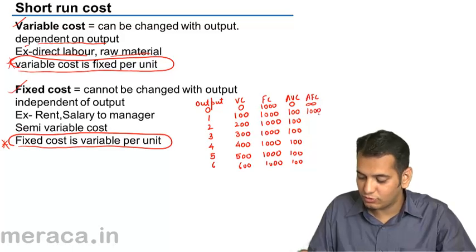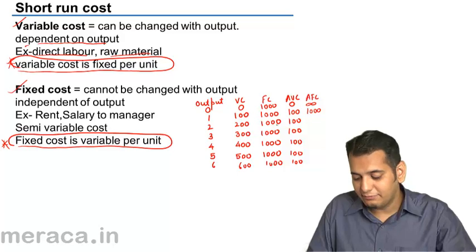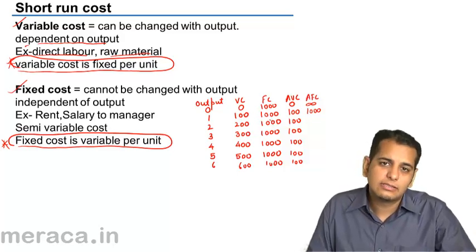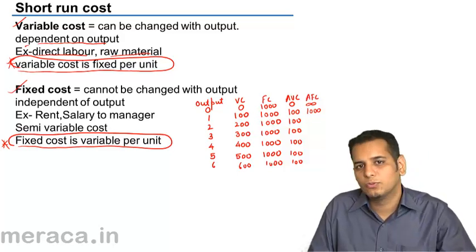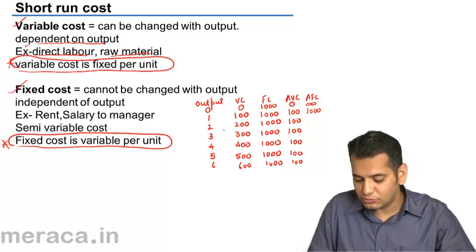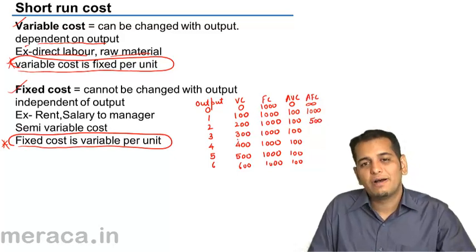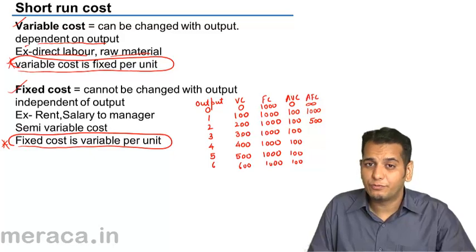So average fixed cost here is 1000. At the second level, if I produce 2 units, I'll still have to pay 1000 only. So the cost per unit now will be 1000 divided by 2. 500 will be the average fixed cost per unit at the second level.